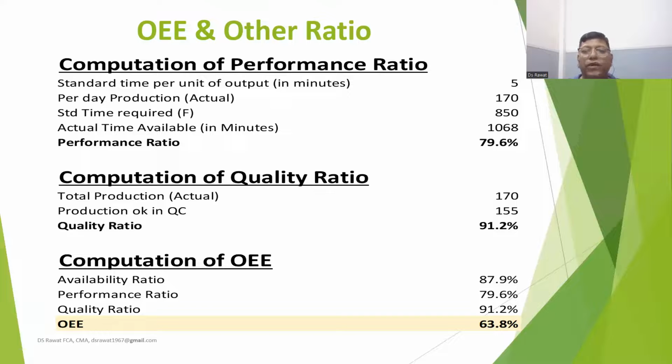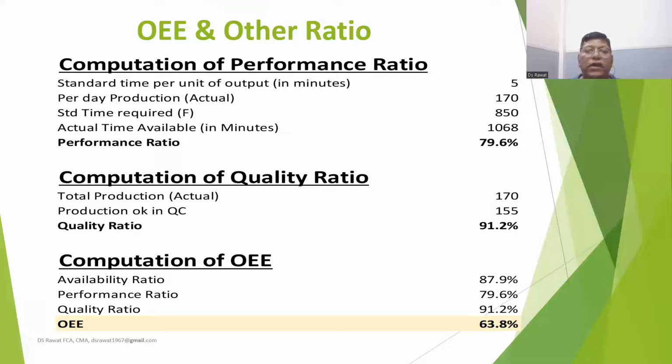Actual time available is 1068, which we calculated in the earlier example. Then the performance ratio is 79.6%. This is basically the standard time required for production divided by the available time for production.